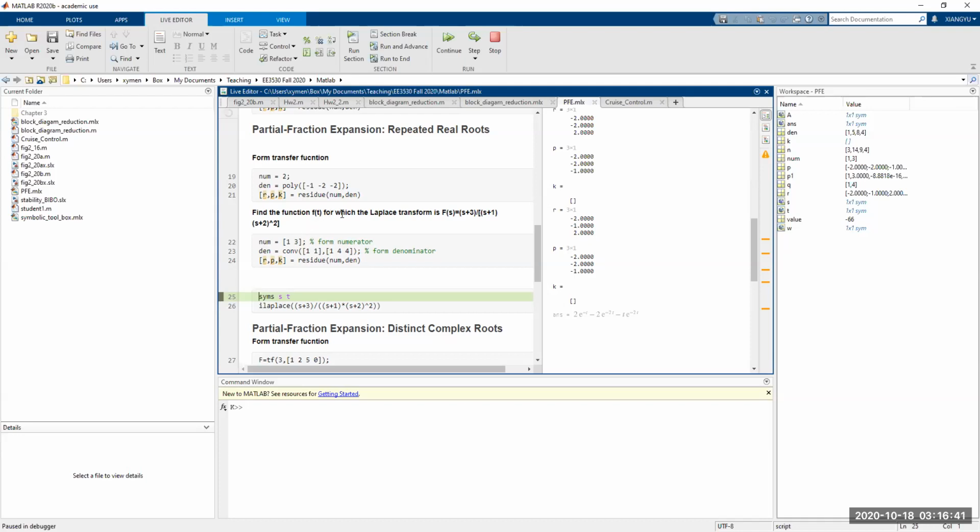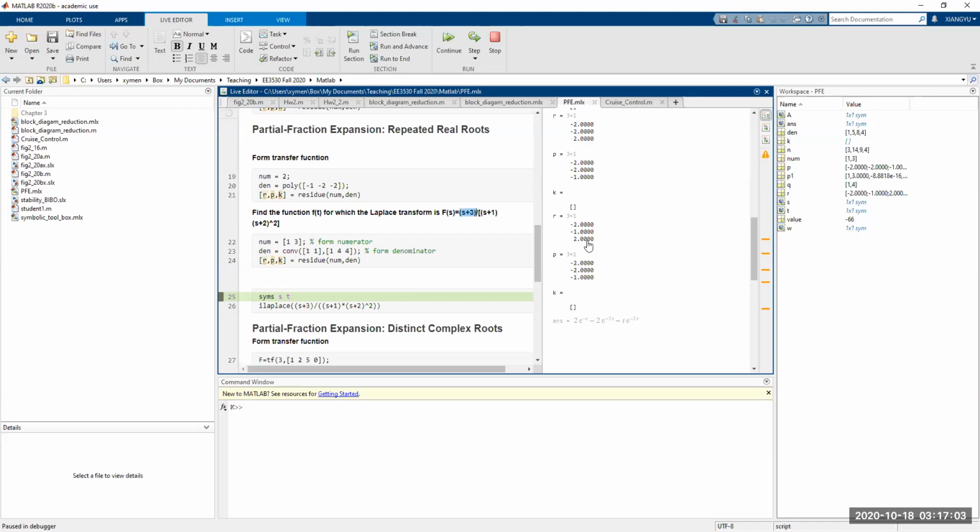Here is another example. We have the numerator s plus 3. The denominator is the same as before, s plus 1, (s plus 2) squared. We have repeated real roots.